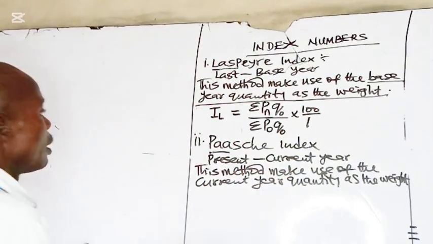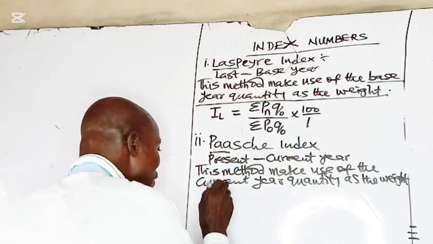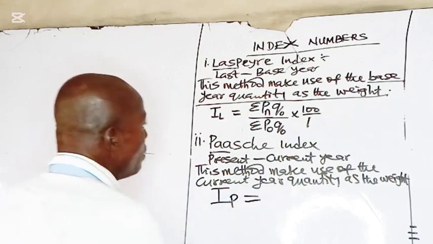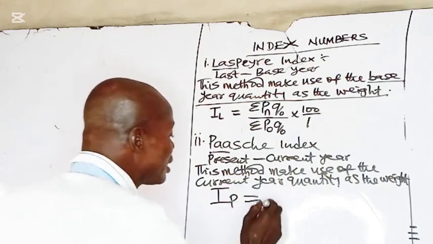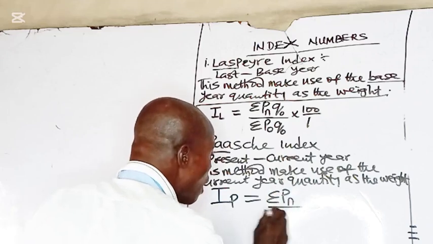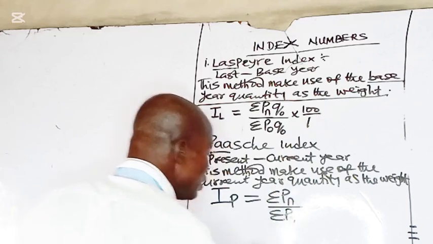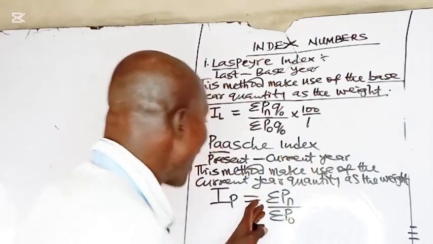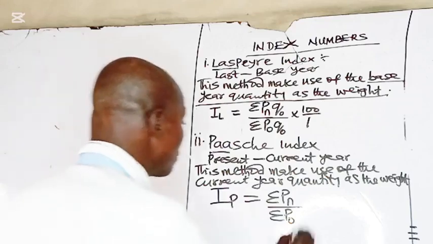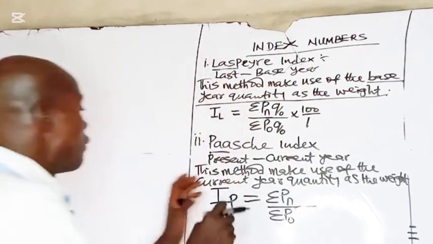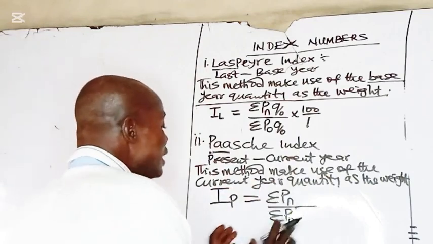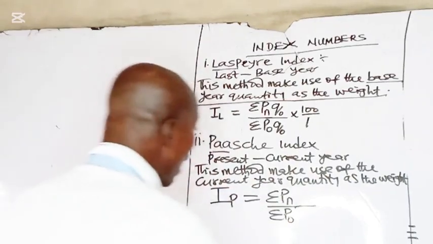Now, the formula for the Paasche index will be equal to, remember the aggregative price index is sum of Pn over sum of Po. This is the simple aggregative price index. For you to convert this price index to a weighted index, you need to attach weight.